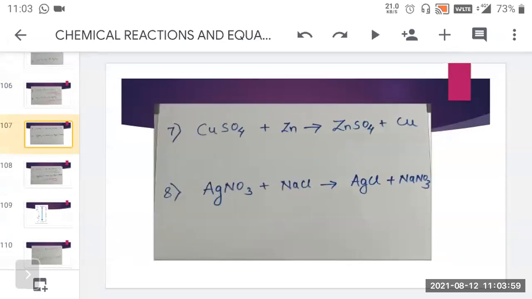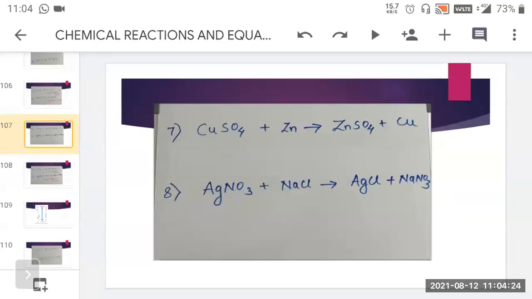Then comes CuSO4 plus Zn gives you ZnSO4 and Cu. Now again we will go one by one with the different types of reaction. The first one is the combination reaction, where 2 reactants will be there and 1 product is there. Now here in this reaction, reactants are 2 but products are also 2.